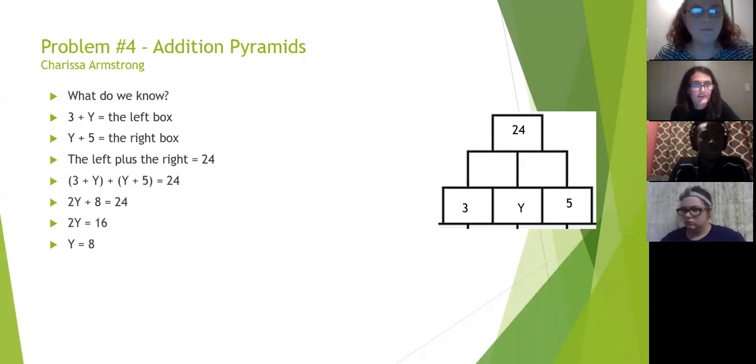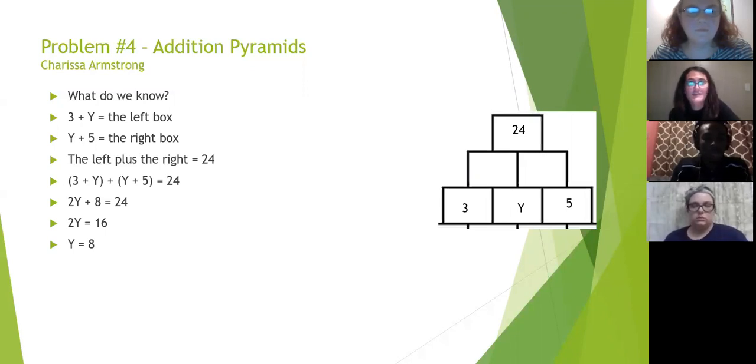So 3 plus y plus 5 will equal 24. We have 2 y's there, and 3 plus 5 equals 8. So 2y plus 8 equals 24. Let's simplify it a little more and subtract 8. 2y equals 16, and then y will equal 8. So there we have solved all of the unknowns in this pyramid.